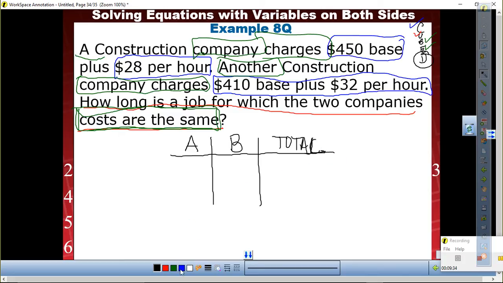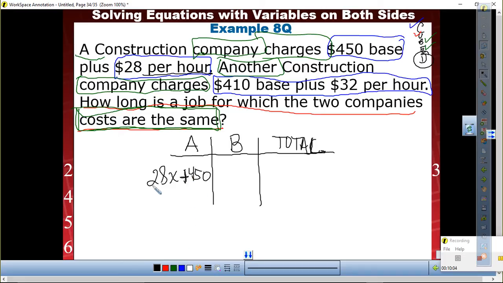Now here's the key part when we label our companies. The first company, how much do they charge from the very beginning? 450. So you put plus 450. What is their rate? How much do they charge per hour? 28. But since we don't know how many hours they're going to work, how can we write this? 28x.